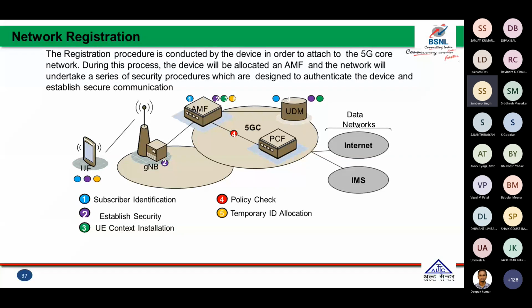This is your GUTI and this is your registration area. If you want to communicate further with the AMF, they just send the 5G-GUTI or 5G-S-TMSI, not the SUCI or SUPI.